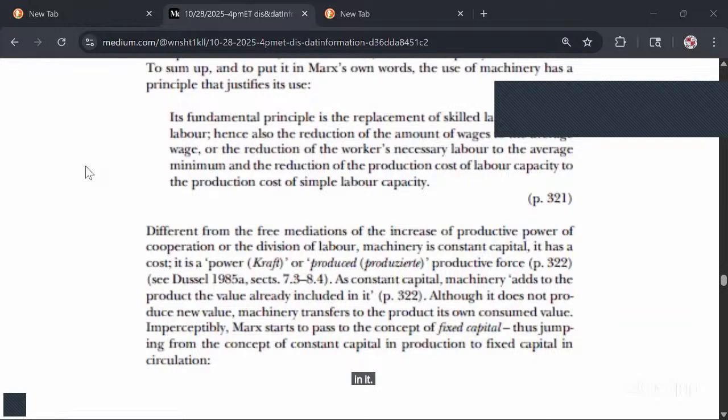Although it does not produce new value, machinery transfers to the product its own consumed value imperceptibly. Marx starts to pass to the concept of fixed capital, thus jumping from the concept of constant capital in production to fixed value in circulation.